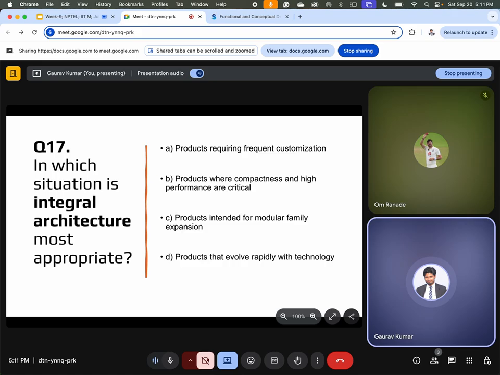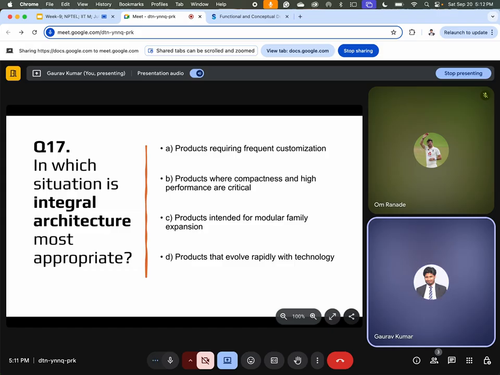So basically, integral architecture is most appropriate when compactness and performance are critical requirements. By tightly linking functions into shared components, designers achieve efficiency, speed, and reduced size. Applications such as aircraft engines, high performance electronics, or racing vehicles often demand integral design.